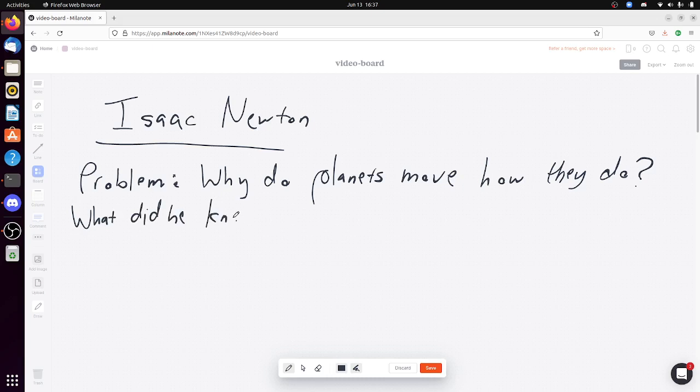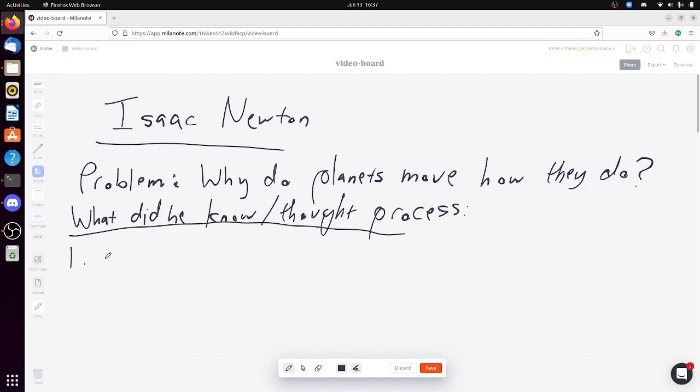What did he know? What was his thought process? The first thing, as I mentioned before, is Kepler's laws. There are actually three separate laws, but the long story short is that planetary orbits are elliptical.